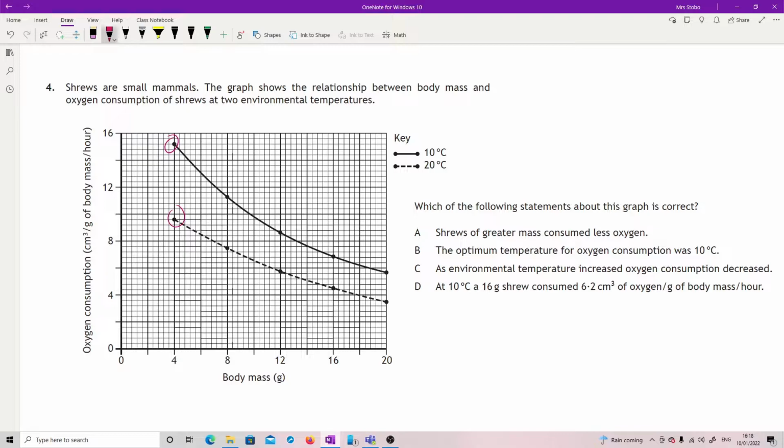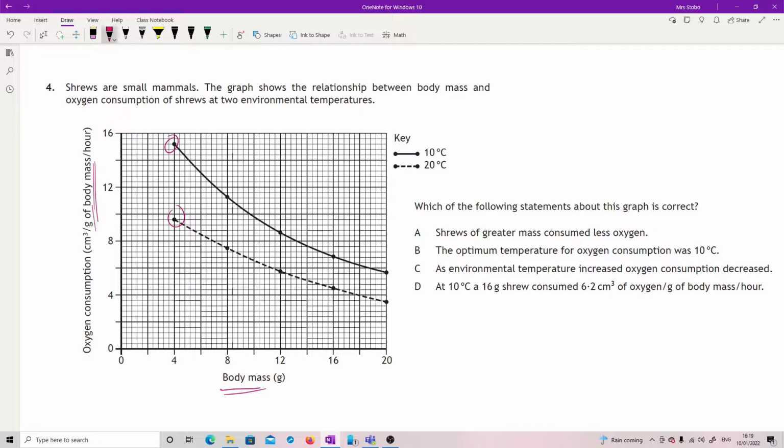Which of the following statements about the graph is correct? Shrews of greater mass consume less oxygen. Okay, right, now this is sneaky. This is very sneaky. This is body mass in grams. This is the oxygen consumption per gram of body mass.